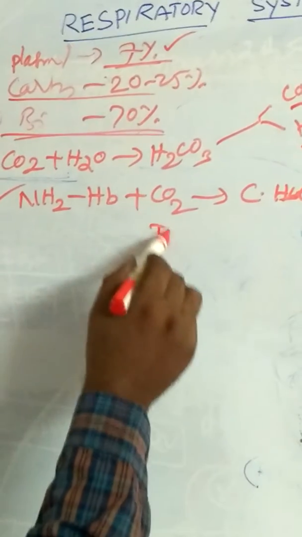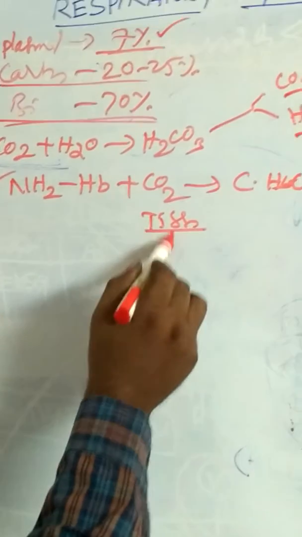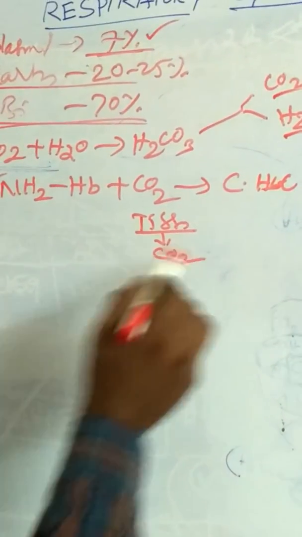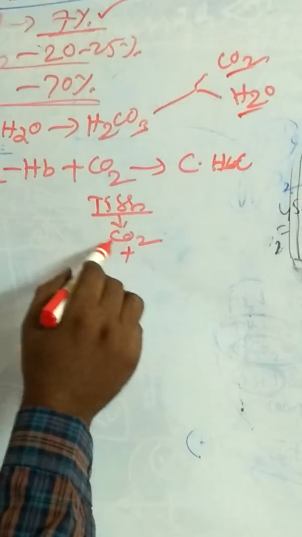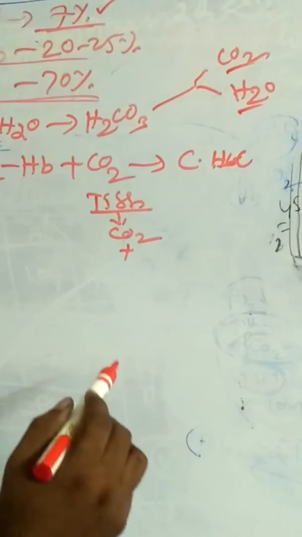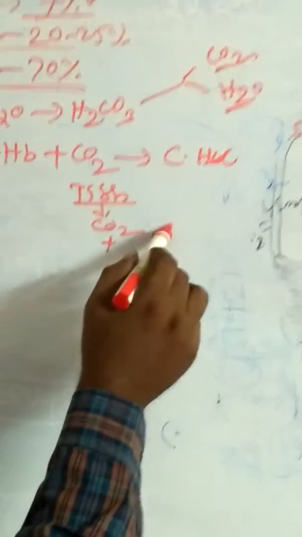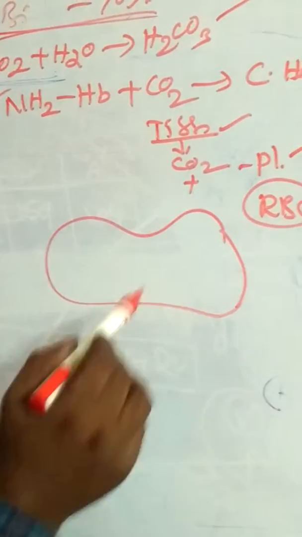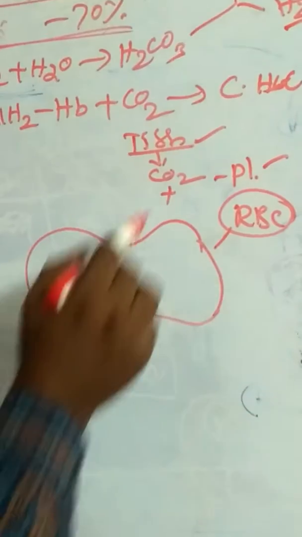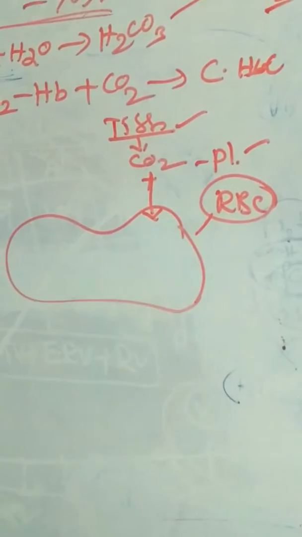In the tissues, carbon dioxide is released into the plasma. From the plasma, next, the RBC. Carbon dioxide enters into the RBC.